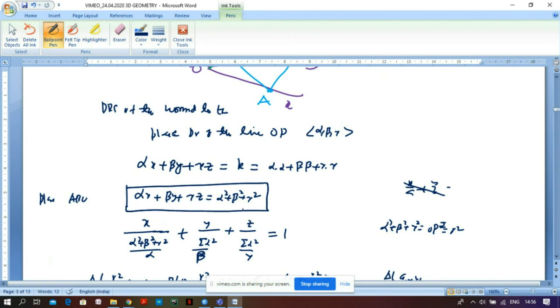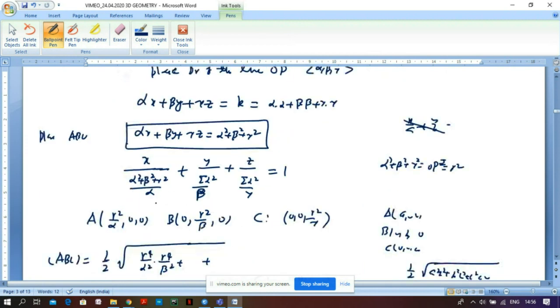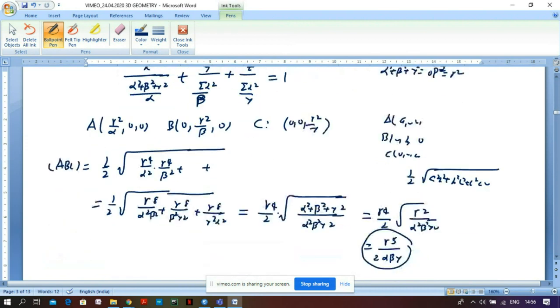So that we found very quickly, and then we wrote that in the form of x over a plus y over b plus z over c, that is your intercept form of plane. And then we got our a, b, and c and applied the previous result of half root a square b square plus b square c square plus c square a square to get the answer.